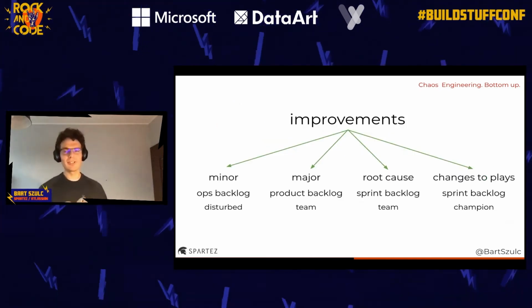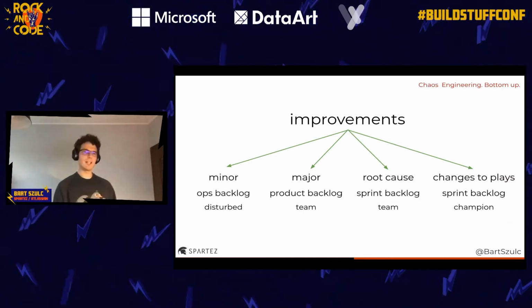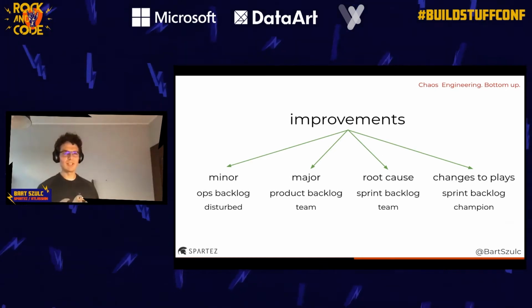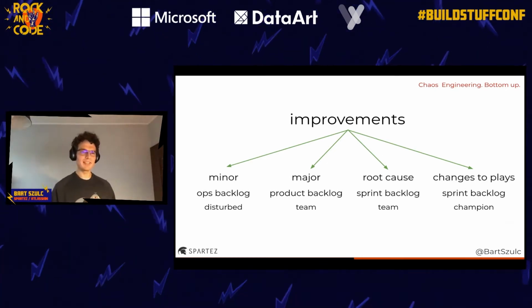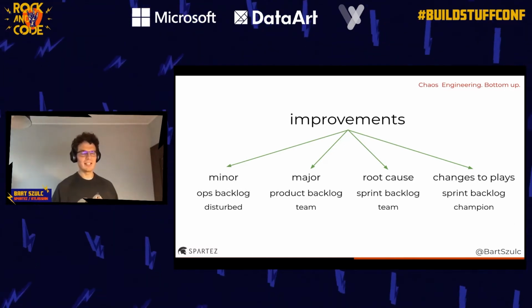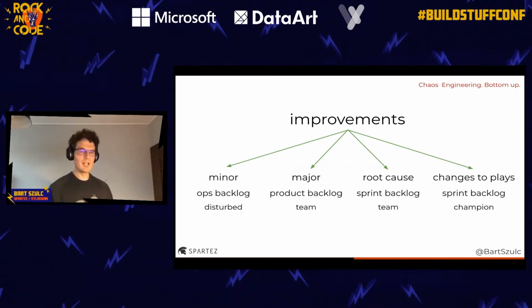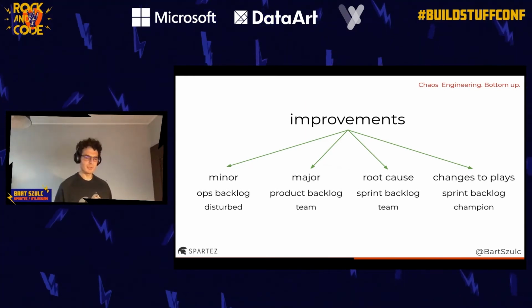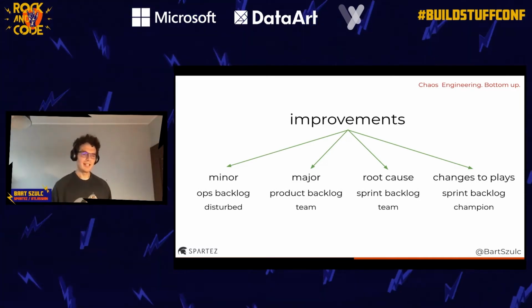I think we see four categories of action items. There are the minor action items, basically something that you can address in a day, maybe up to 3 days, like changing a dashboard or adding extra monitoring that will help you understand what is going on with your system next time something like that happens.